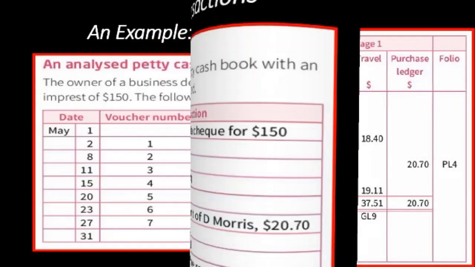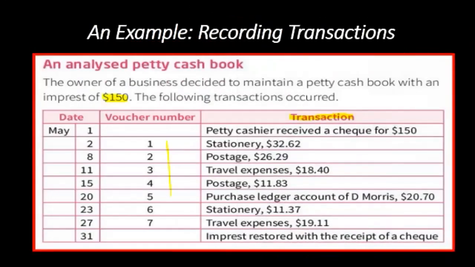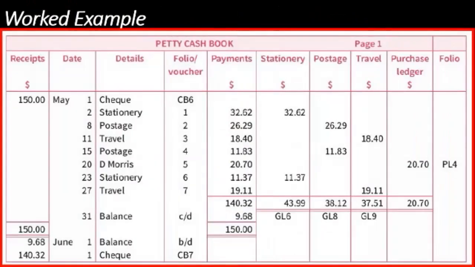Okay, now the first thing that will happen is the petty cashier will receive a check from the cashier for $150 because that is the amount of the float up here, right? That takes place on the first day of the month. So we come to our petty cash book and we will record it as a receipt.